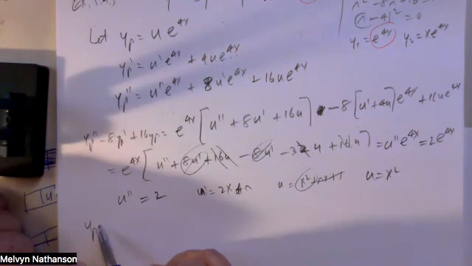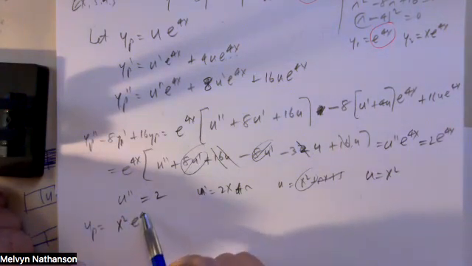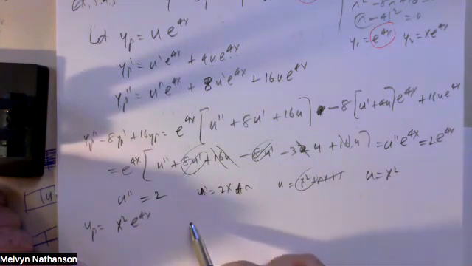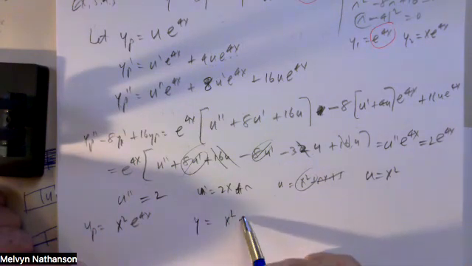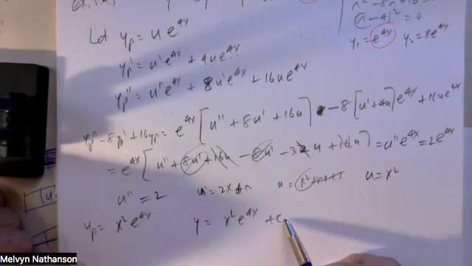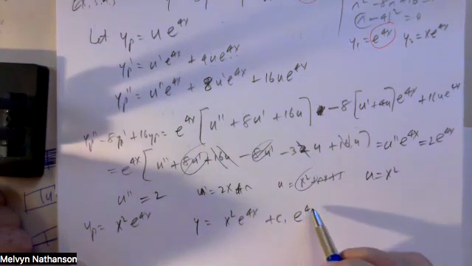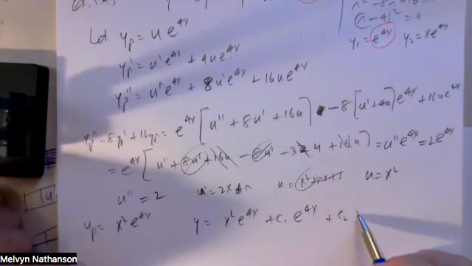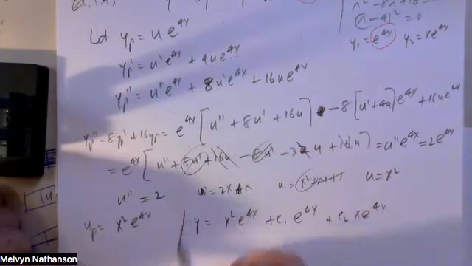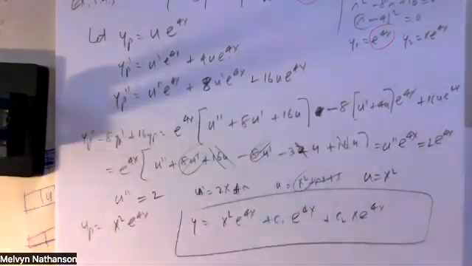So a particular solution is x²e^(4x), and the general solution y is x²e^(4x) + c1e^(4x) + c2xe^(4x). That now is the general solution of this equation.